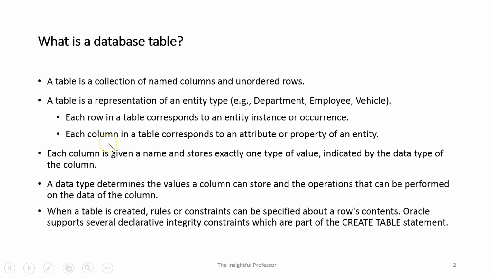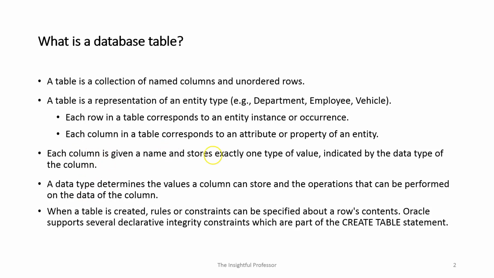Each column in the table corresponds to some attribute or property or characteristic of an entity, and given a column value taken from one row, we're saying that what we have is the value of that attribute for one particular instance, such as, for example, the date of birth for a particular employee named Mo.